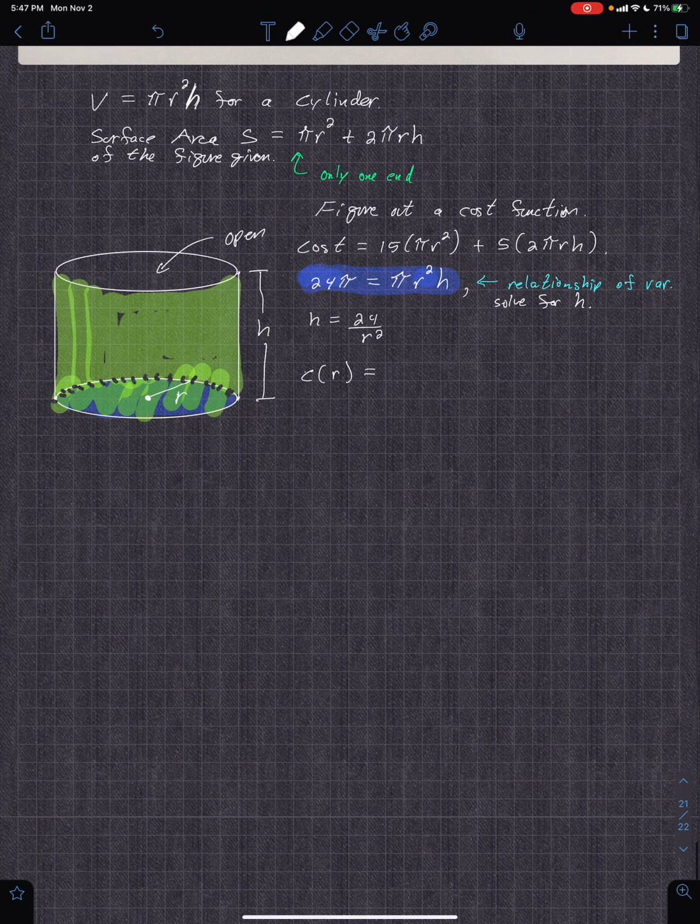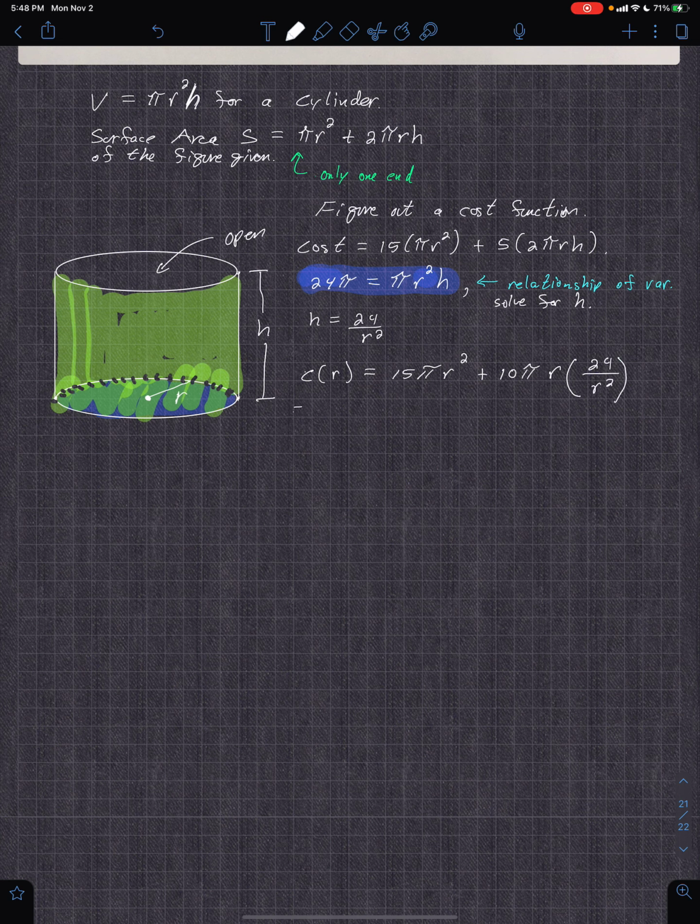So your cost function is going to be 15 pi r squared plus 10 pi, and then it's r times 24 over r squared, substituting in there.